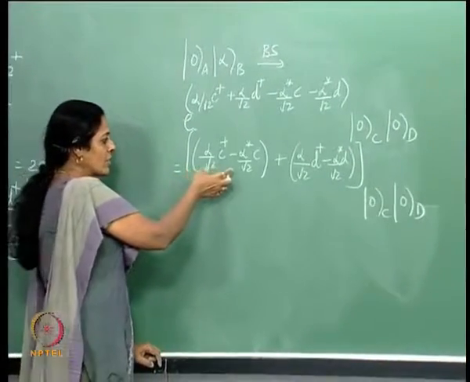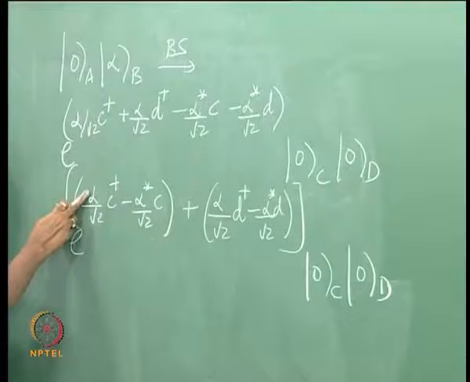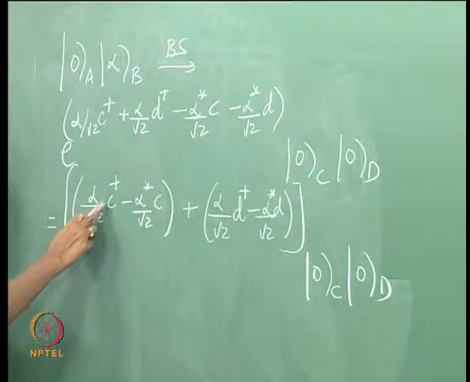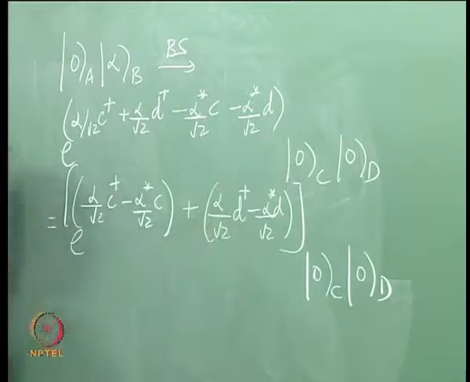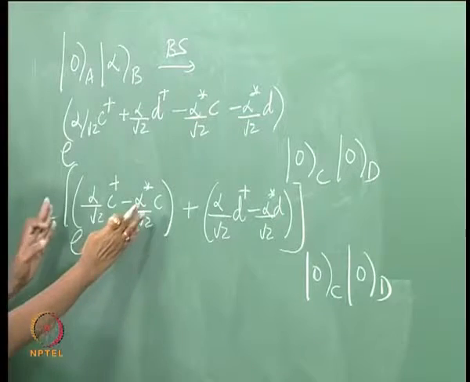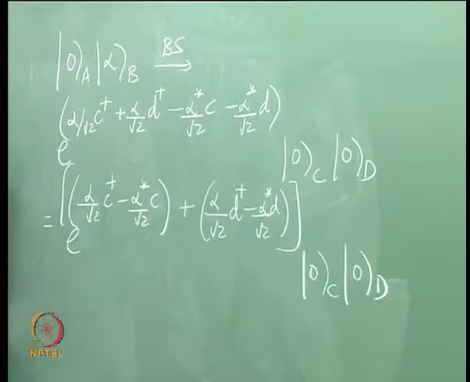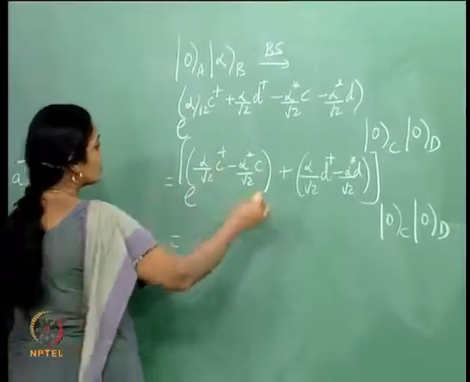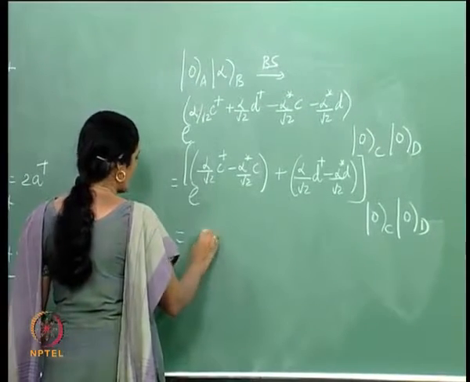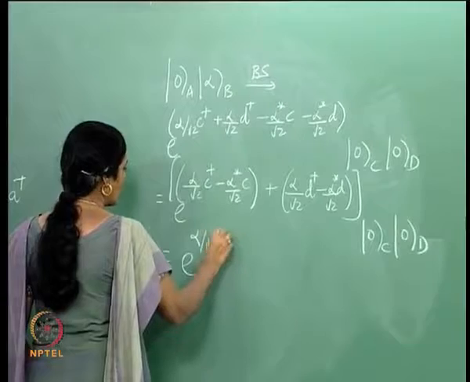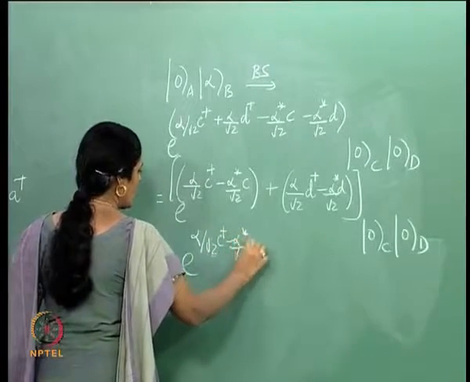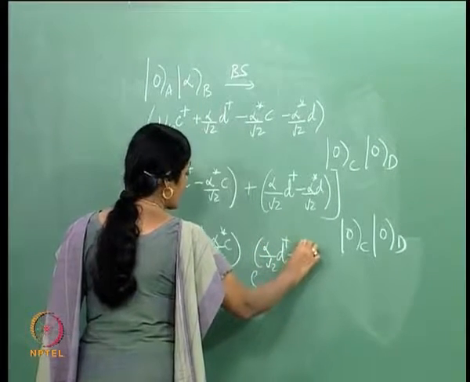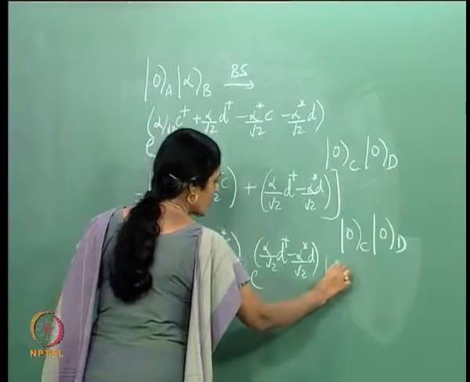This is an interesting structure because this is like D(α/√2), and that is another D(α/√2), except that this corresponds to the operator c† and that to the operator d†. It is also true that these two objects commute with each other because c and d commute with each other. And therefore, I can now use the disentanglement theorem, and I just can write this as e^(α c†/√2 − α* c/√2) e^(α d†/√2 − α* d/√2) acting on |0⟩_C |0⟩_D.